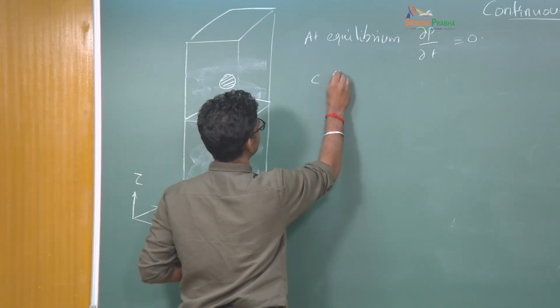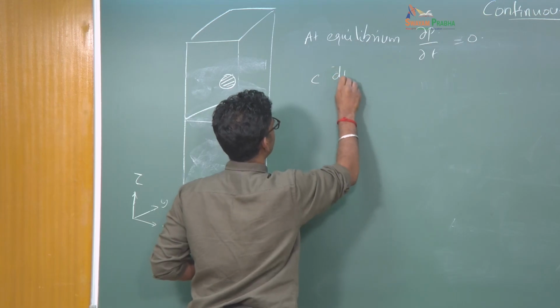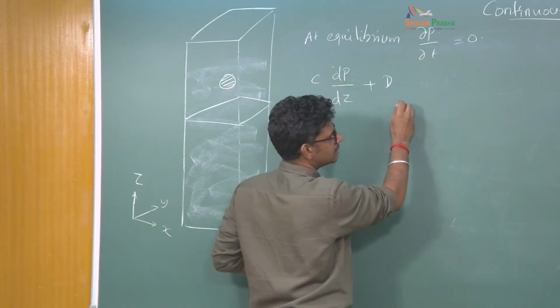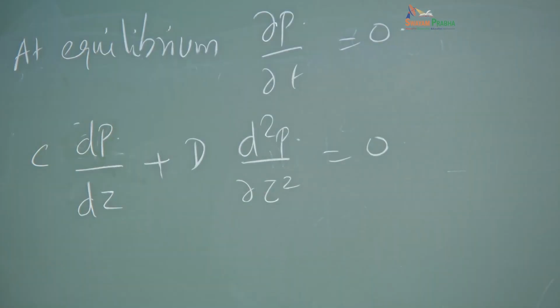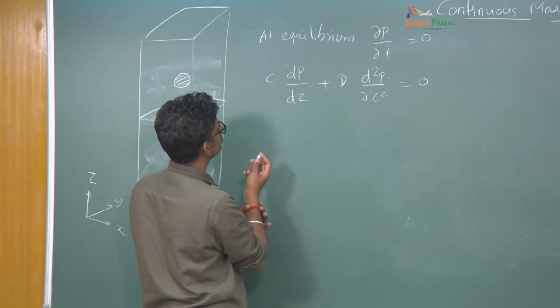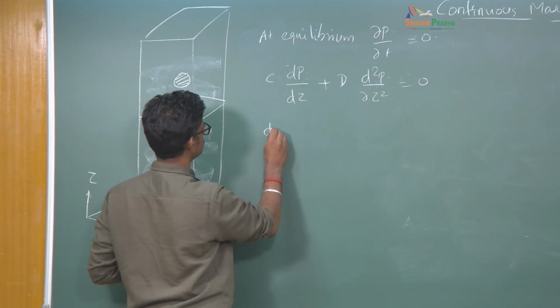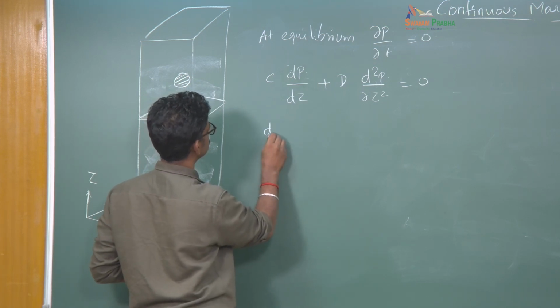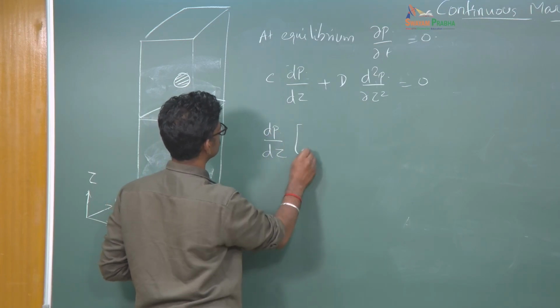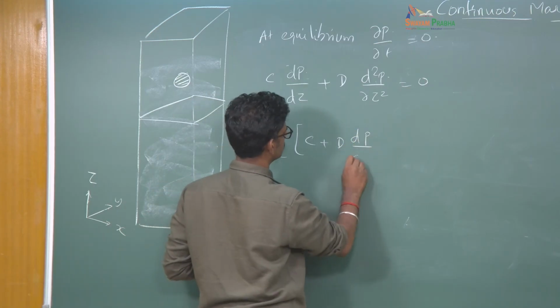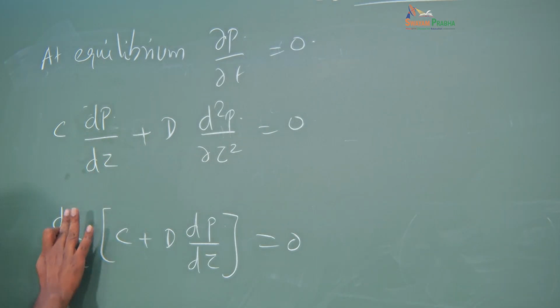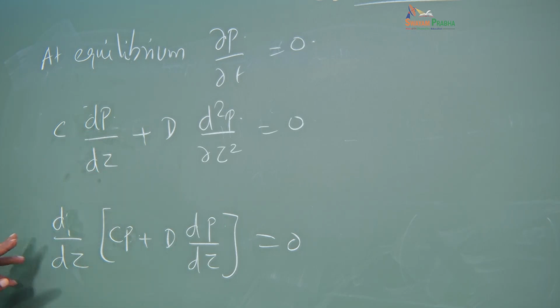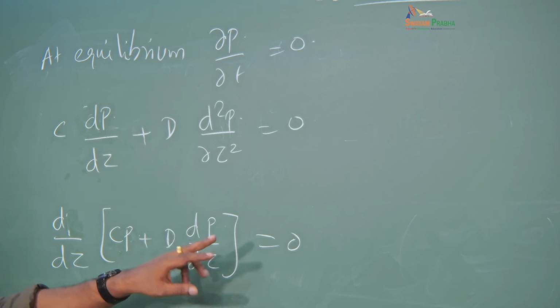So then we get dP/dz plus... I'm taking one derivative out, so I'm writing this as d/dz of (Cp plus D dP/dz), and this is equal to 0.